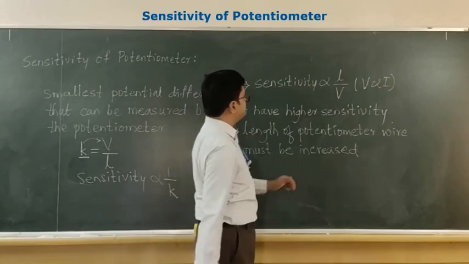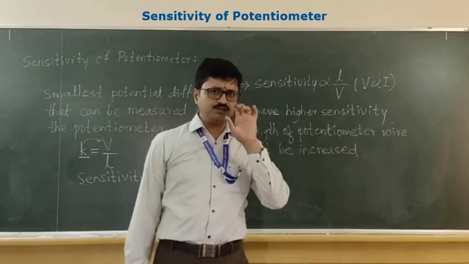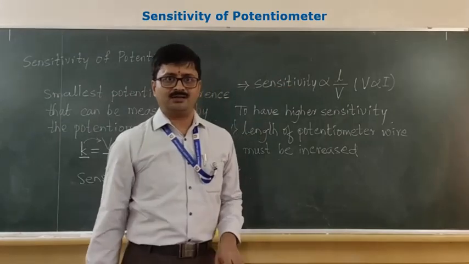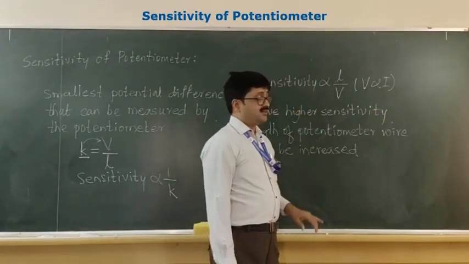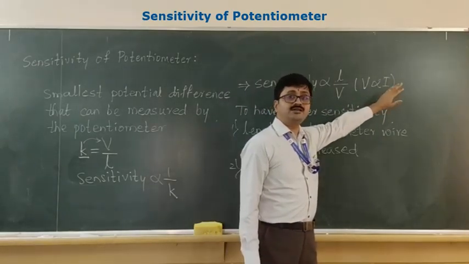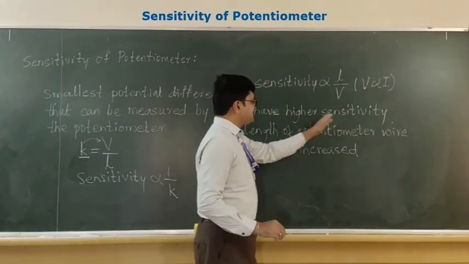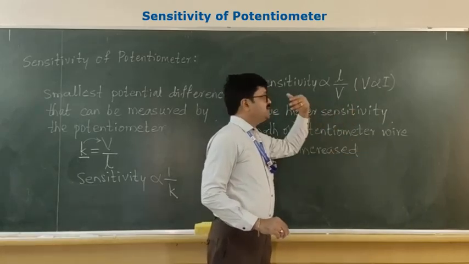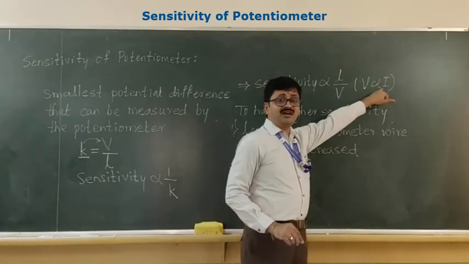Secondly, as you can refer here, sensitivity is inversely proportional to potential difference, and potential difference is established when current flows through the potentiometer wire. So definitely we know that V is directly proportional to I. This indicates that sensitivity must be inversely proportional to current flowing in the potentiometer wire. So hence we can comfortably say that increase in the sensitivity can be done only by decreasing the value of current.